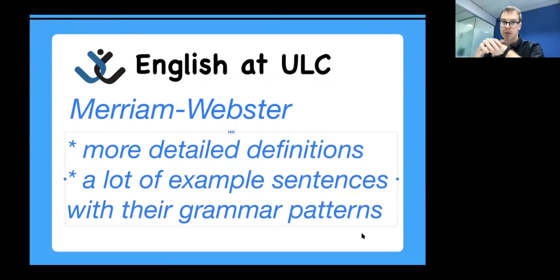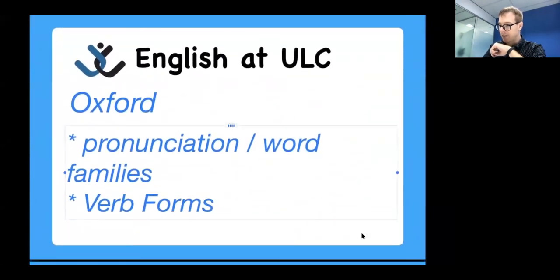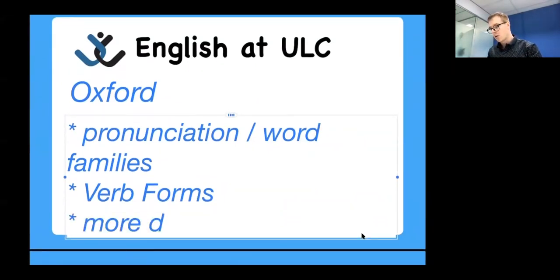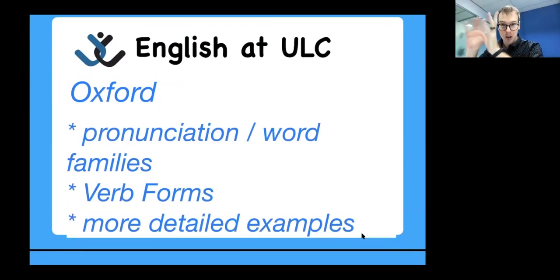They do a great job of showing you the pattern we use, right, before they give you the examples, which I think is extremely helpful. And then last, Oxford, again, they give you the verb forms, some pronunciation, and a lot of more detailed examples, okay?